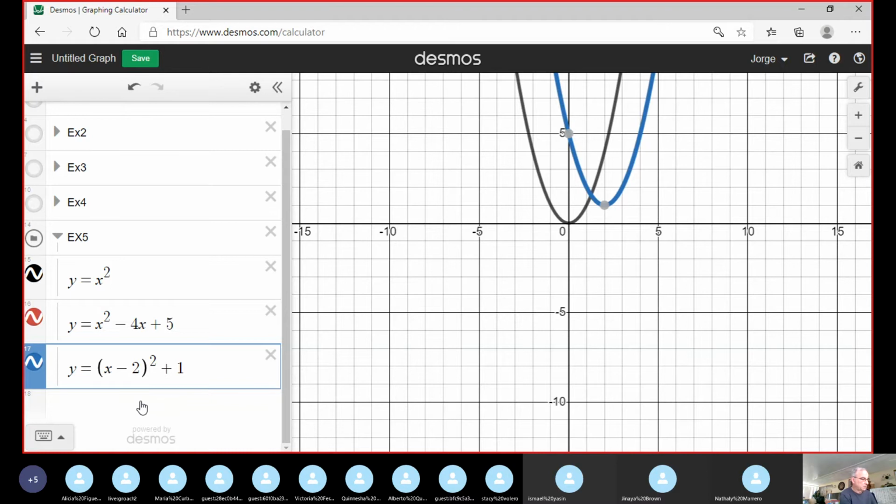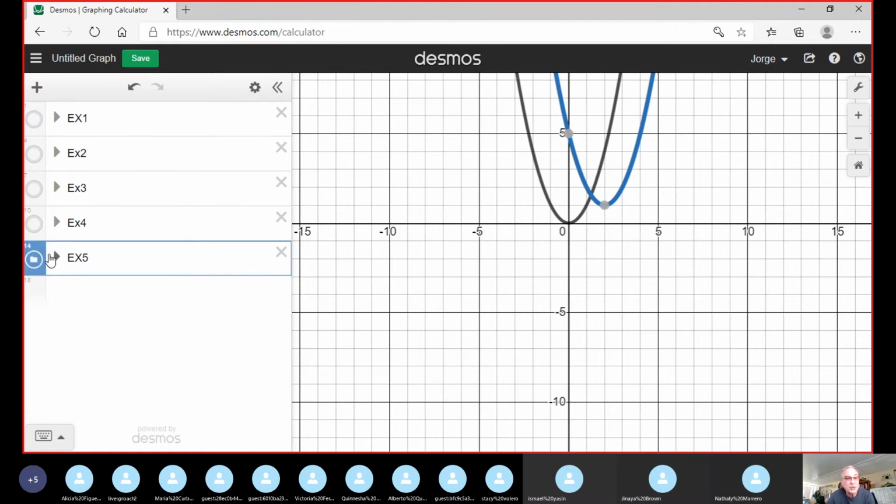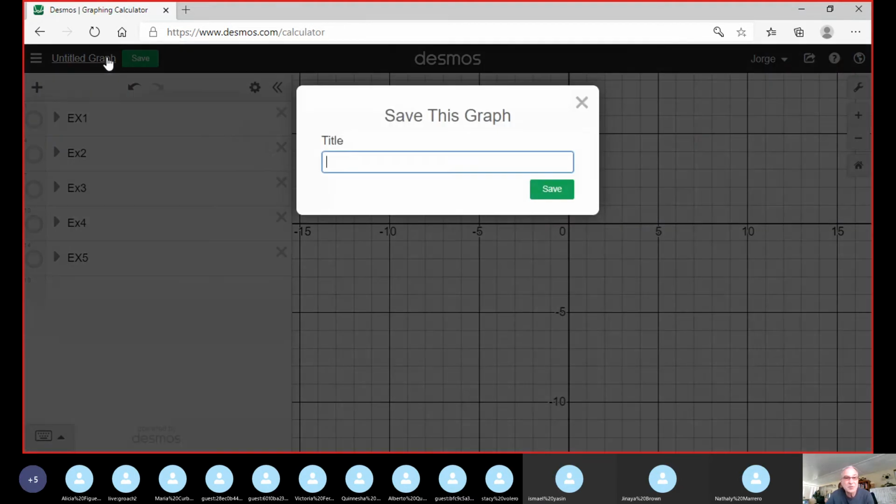No problem? Do you understand this very well or no? Yes, sir. However, in the homework online, this is a typical problem that you see in the test on paper. However, in the test online, let me save this one. Example of transformation.